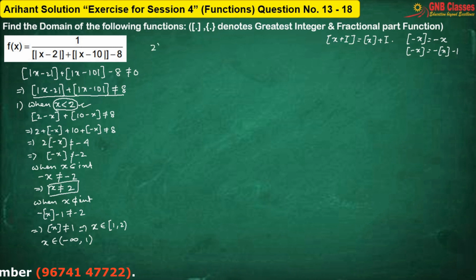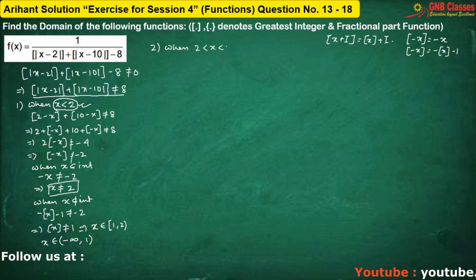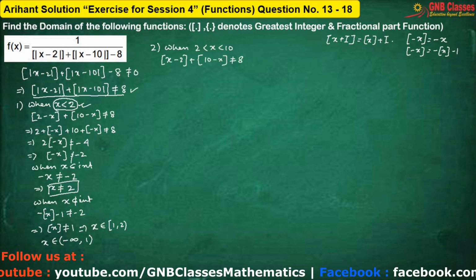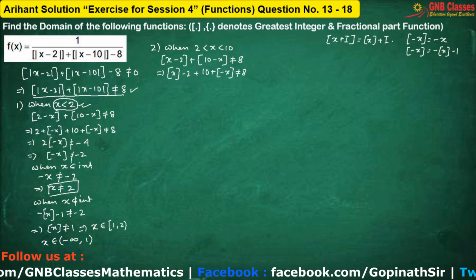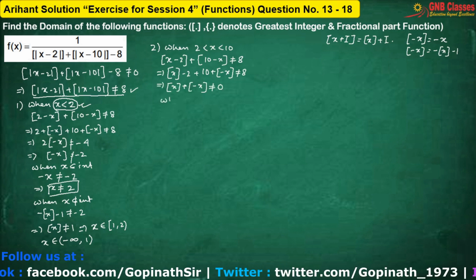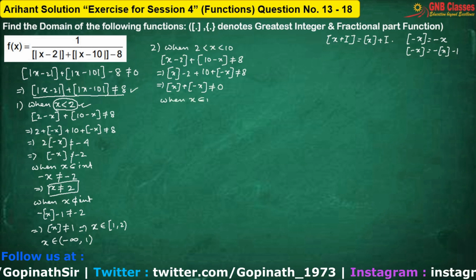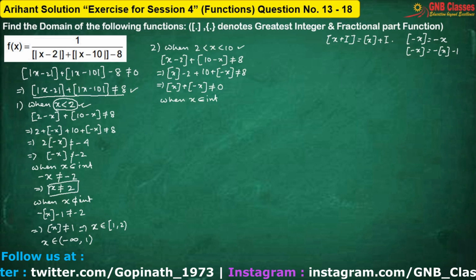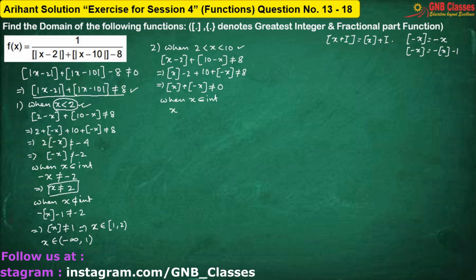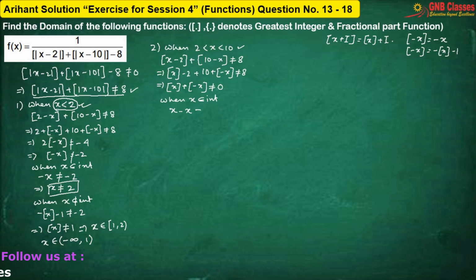Okay. Now, number 2. When x is lying between 2 and 10, in that case, this equation becomes, now again we will consider that when x belongs to an integer, but between 2 and 10, in that case, box x will be written as x only and box of minus x will be written as minus x only.